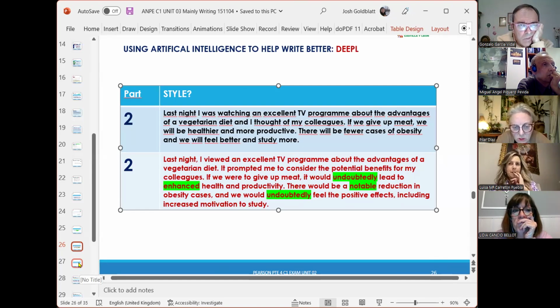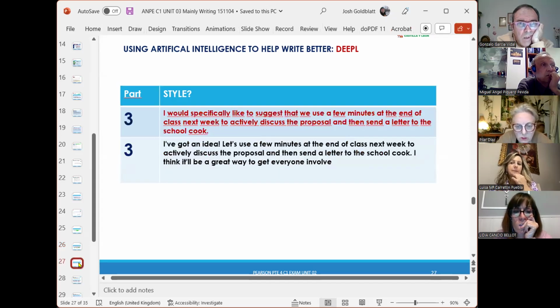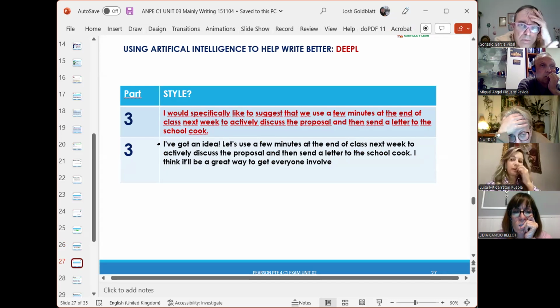And finally, can you see the difference? You can see the difference. I know you want to get out and do this. Okay, so I would specifically like to suggest we use a few minutes and then I've got an idea. So this is obviously the enthusiastic version, right?